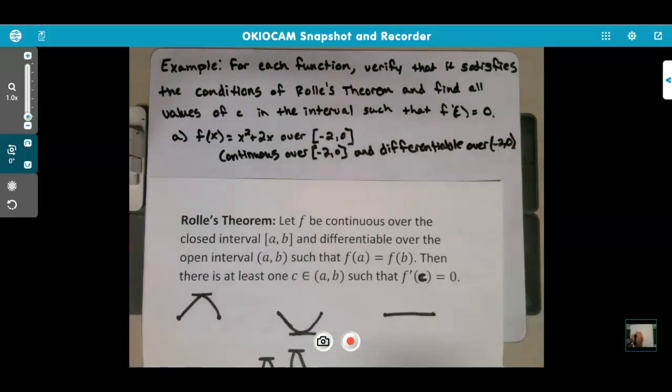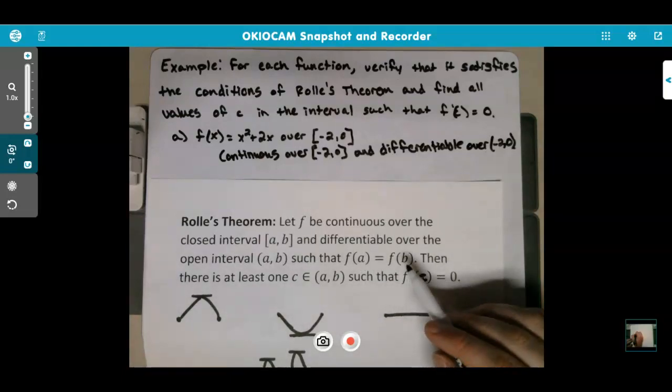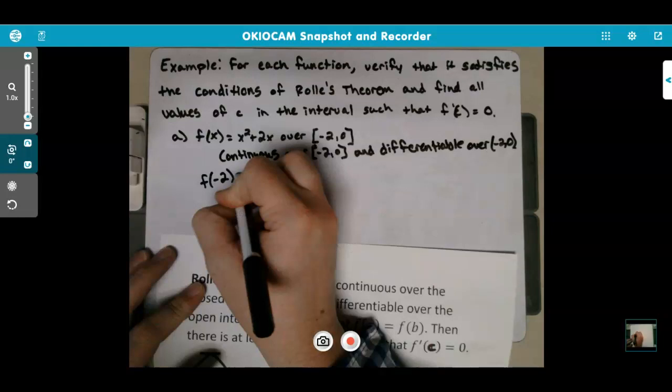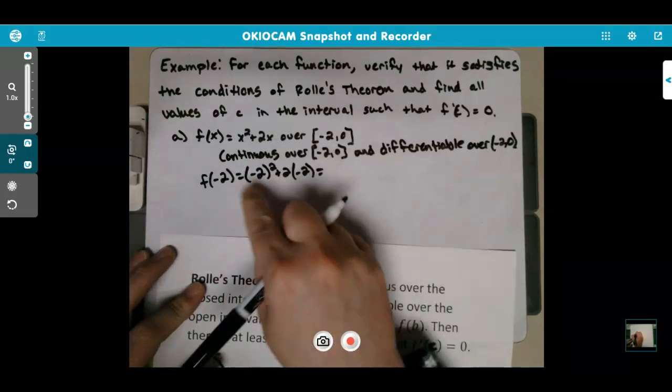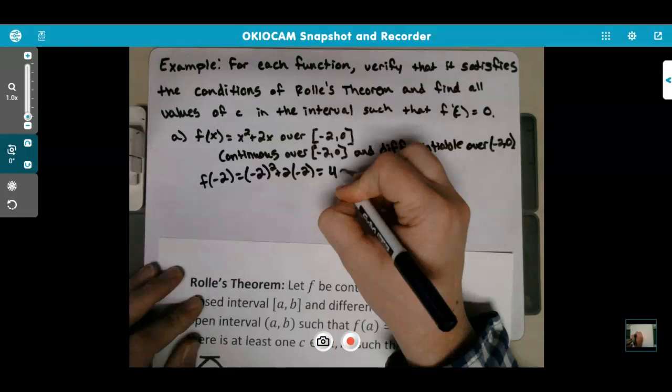So now I have to also check and make sure f of a is equal to f of b. So f of -2, let's start there. That would be -2 squared plus 2 times negative 2. Negative 2 squared is 4. 2 times negative 2 is negative 4. So that gives us 0.